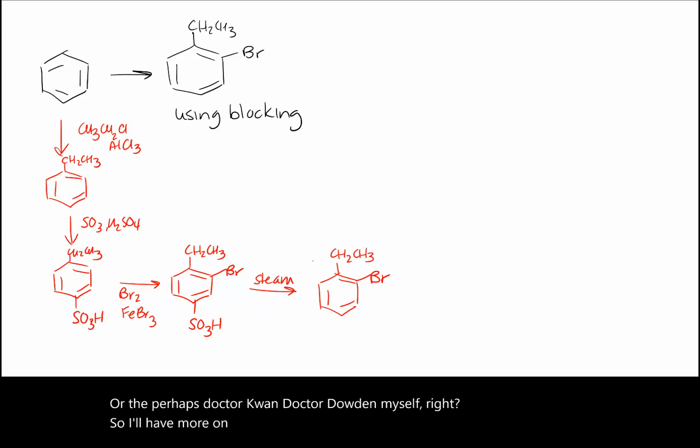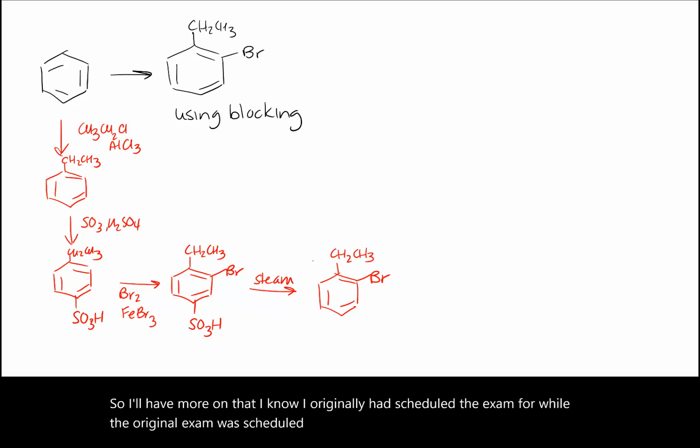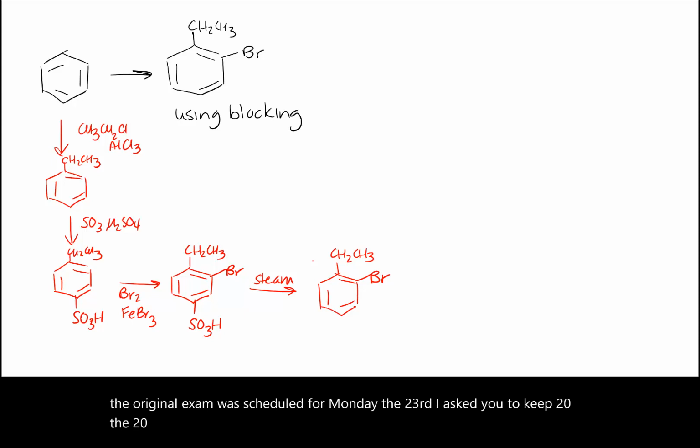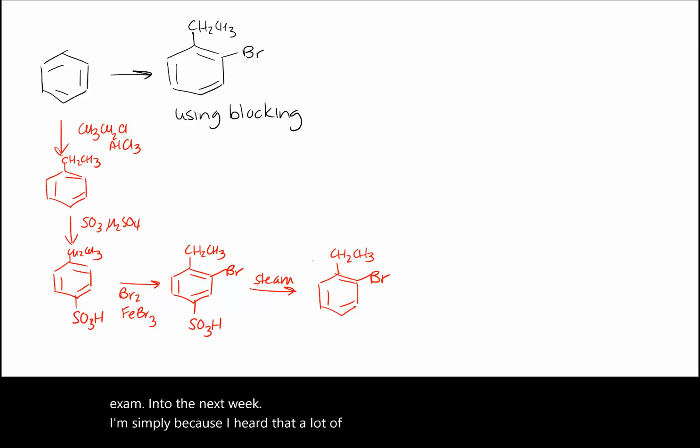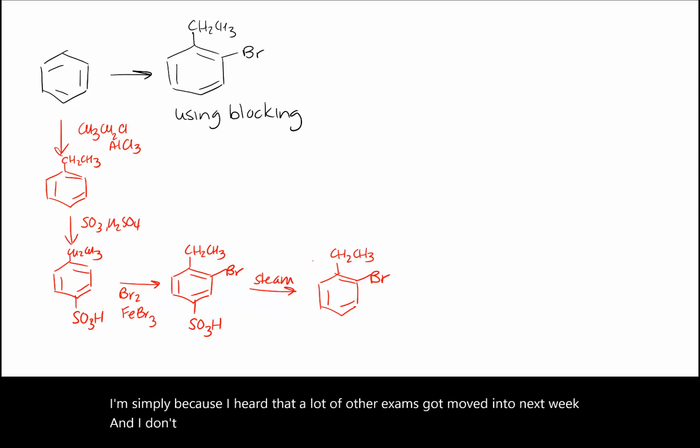I know the original exam was scheduled for Monday the 23rd. I asked you to keep the 27th open, but I might ask if you are amenable to moving that exam into the next week, simply because I heard that a lot of other exams got moved into next week, and I don't necessarily want to overload you.